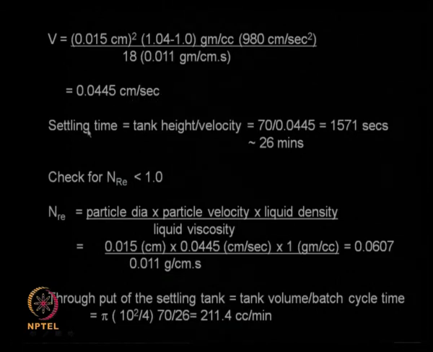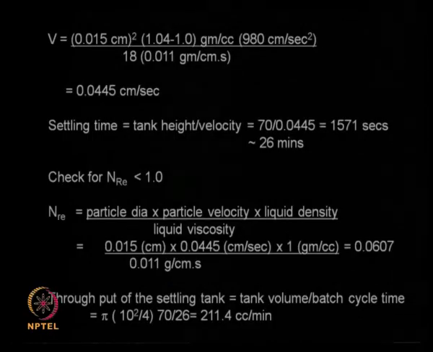The settling time will be height divided by velocity. The height is 70 centimeter, and if you divide by the velocity you get 1571 seconds, that is about 26 minutes. That means it takes 26 minutes for a solid at the top of the liquid level to reach the bottom of the tank of height 70 centimeters.